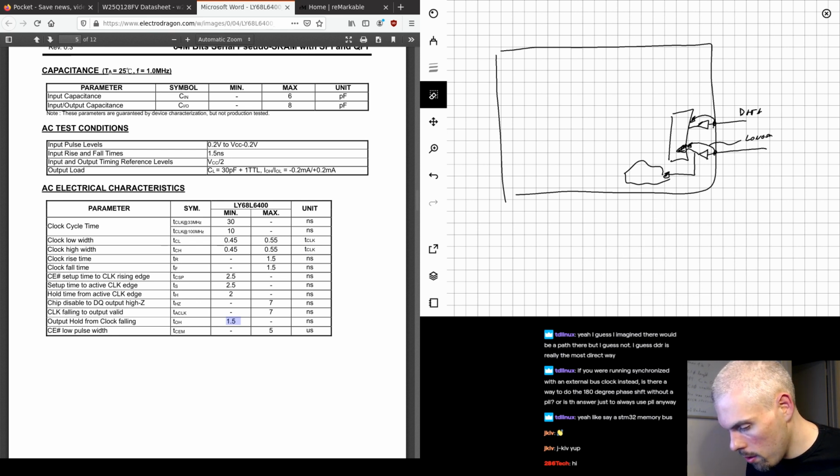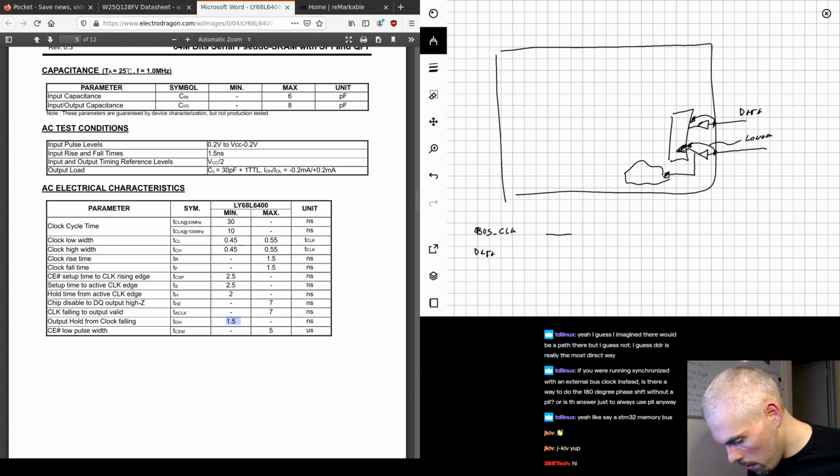let me actually draw, let's say that that's your bus clock. And let's say that that's your data.